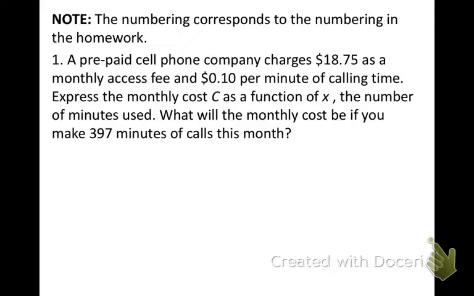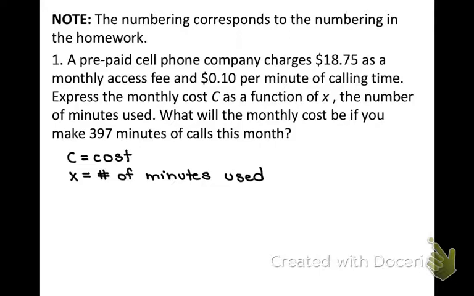Okay. So in thinking about our variables, let's make c our cost. And we're going to make x the number of minutes used. And that's given to us right here in the problem.